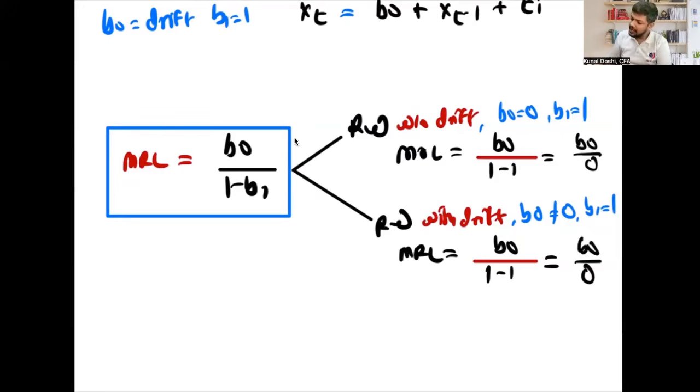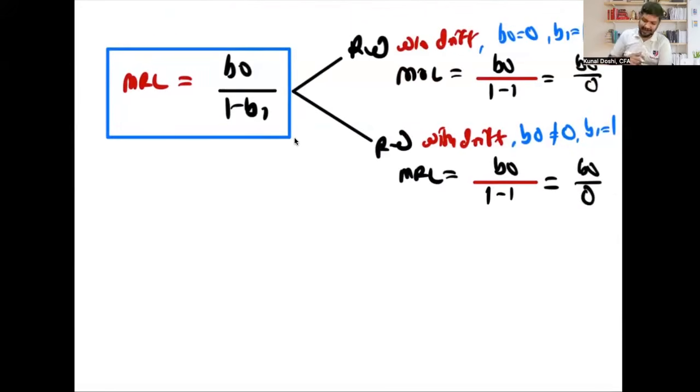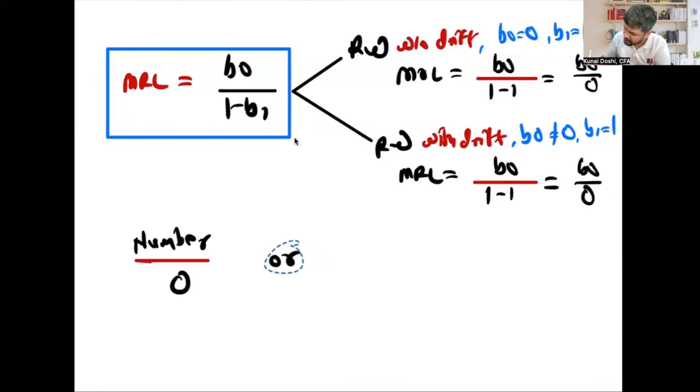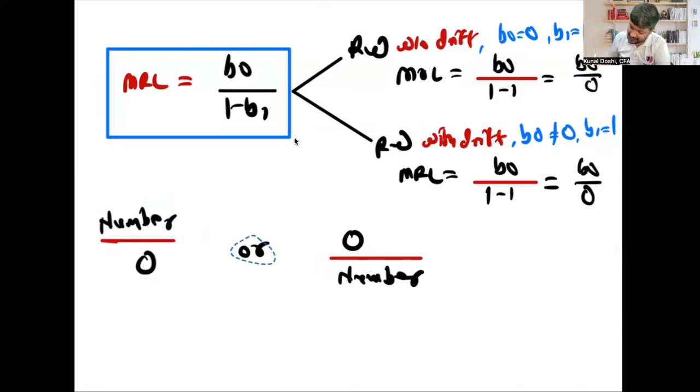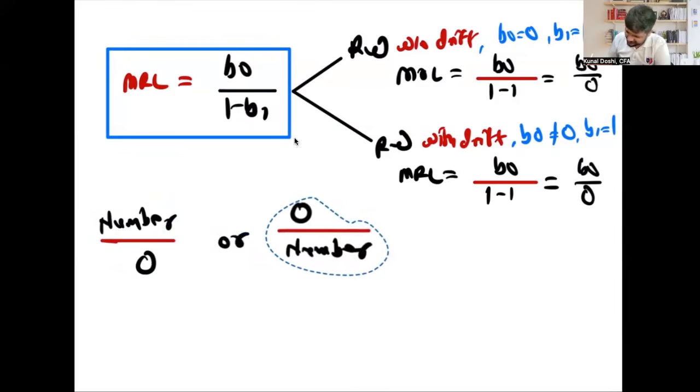Yes. Now, guys, before we go ahead, let me tell you about any number divided by 0, or 0 divided by any number. Have you ever tried this in your calculator? Which one is finite and which one is an error?